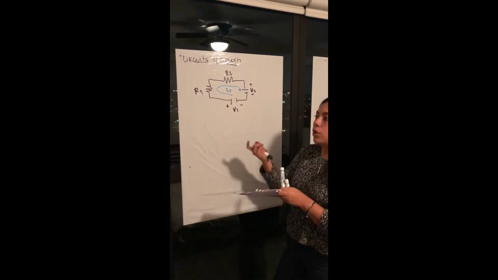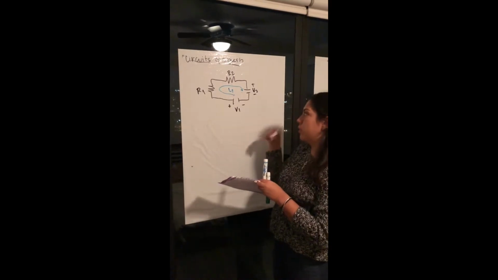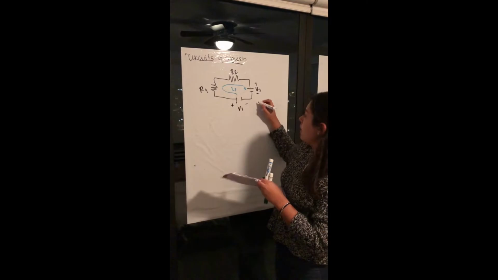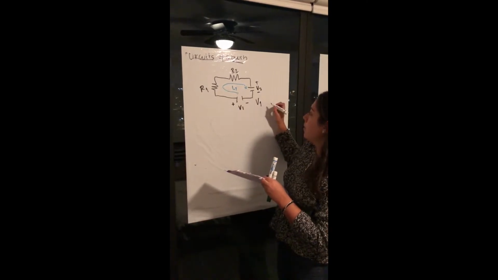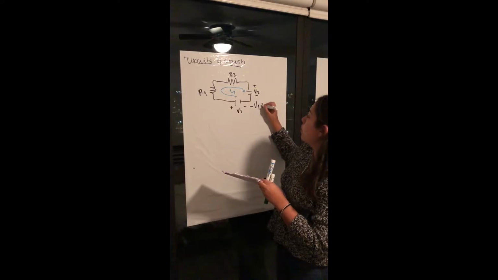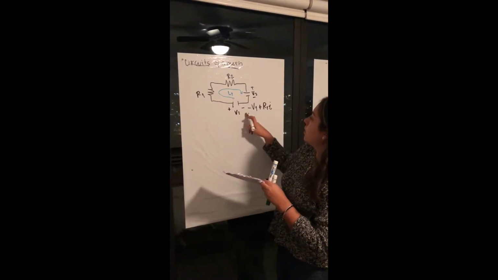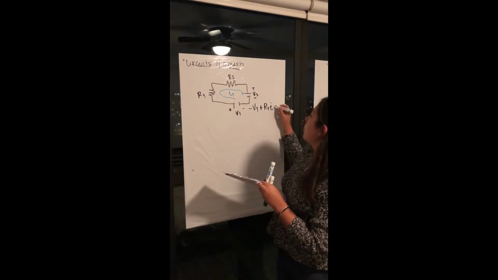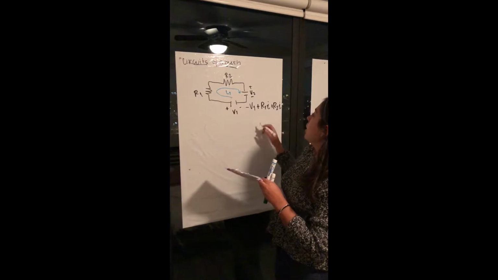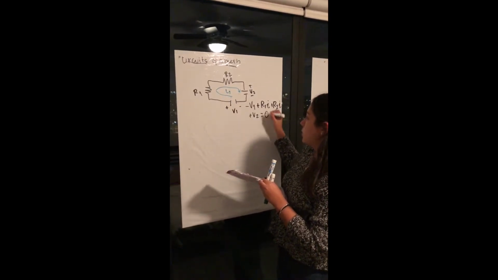So the Kirchhoff voltage law for this mesh would be minus B1 plus R1 I plus R2 I plus B2, and this should be equal to 0.